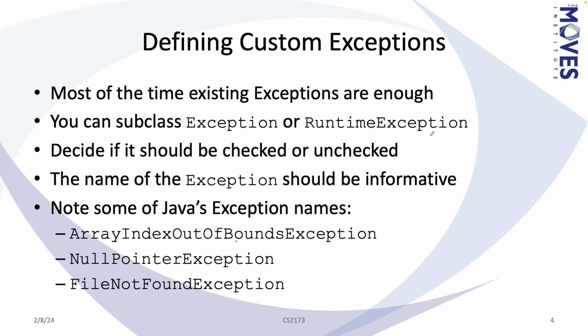However, every now and then something goes wrong in your program and it doesn't fit easily into something that Java has named. So, for example, in my simulation package, there were things that had to do with the simulation attempting to reverse time.